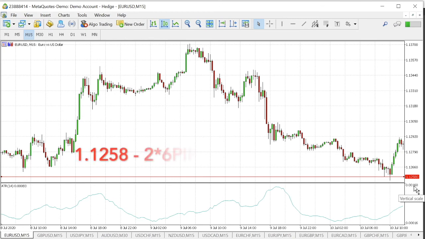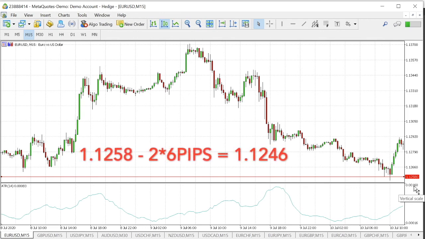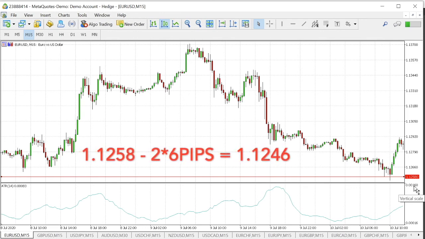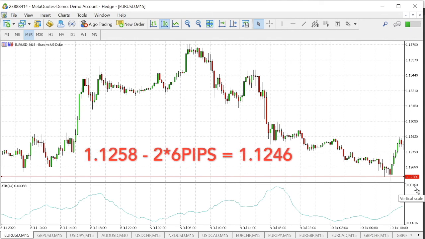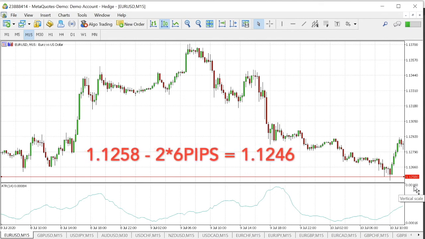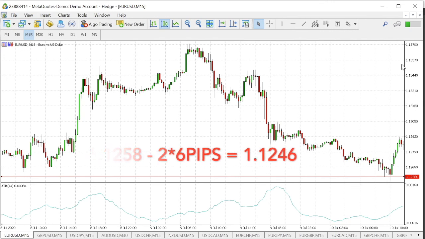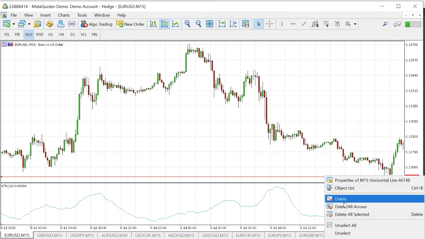the new stop loss level would be 1258 minus 2 times 6, which is 12. That should be at 1246. So the new stop loss level should be at 1246. Let me just change it.